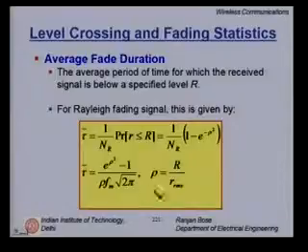Rho is defined as before, R, the threshold fixed by us, divided by the R RMS, which comes from the sigma of the PDF of the Rayleigh distribution.